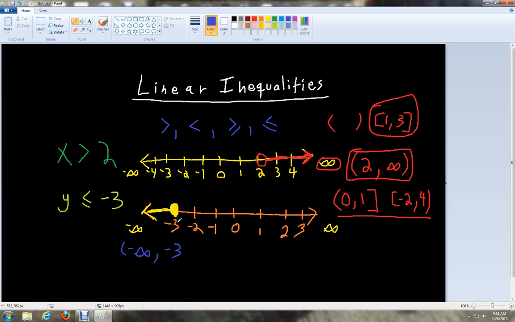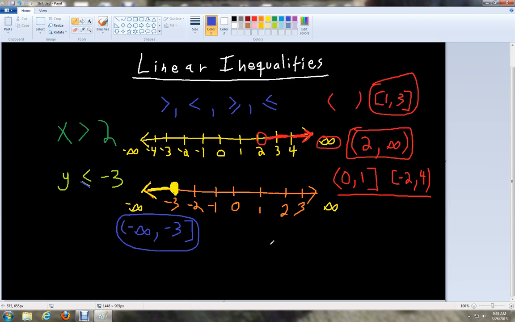And do we include a bracket or parenthesis? Well, since it's colored in and we actually include the equal to -3, we have a bracket. So we have the semi-open, semi-closed interval, negative infinity, -3.